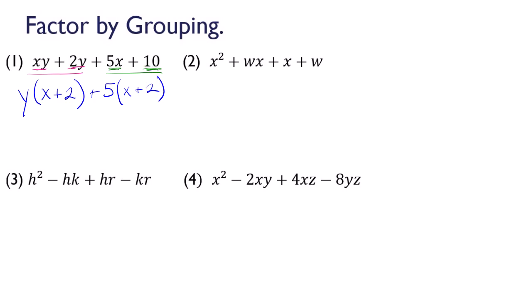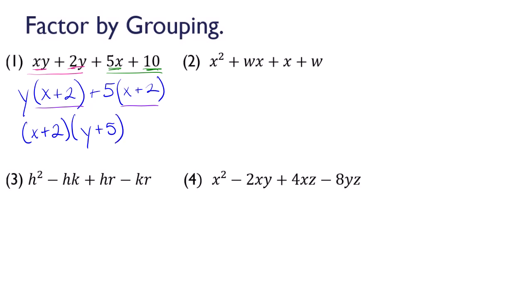All right, so now you might recognize that we have a binomial in common, right? Both of these terms have the same binomial. And so what we can do is factor that out, right? This is a common factor now. So we can bring that to the front, x plus 2. And then we have our leftovers, which are y plus 5.